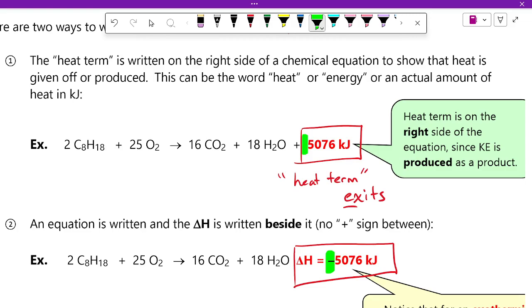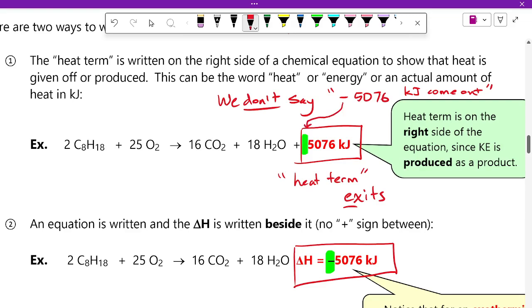We wouldn't say negative 5,000 kilojoules come out, because that doesn't make any sense. So there's no negative sign here.